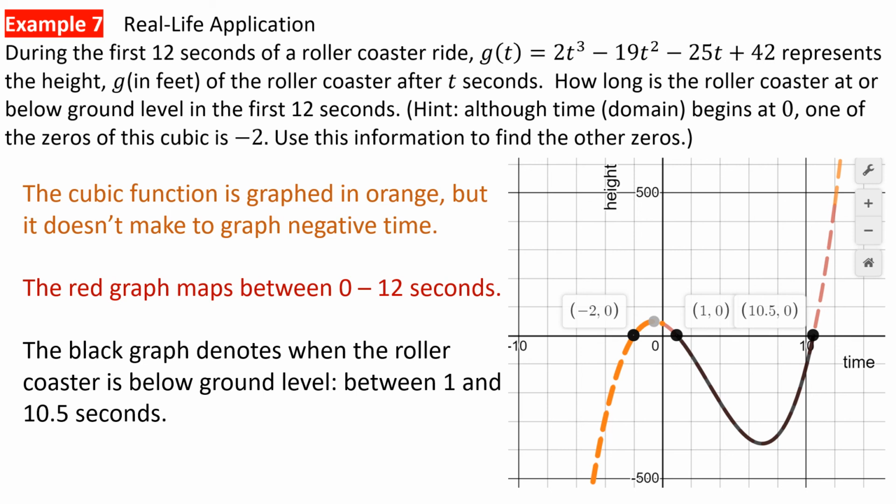It probably is improbable to think that it's going to start rising as rapidly as it does after 12 seconds, but the red represents the roller coaster ride from 0 to 12 seconds, and we found our answer that it's below ground level between 1 and 10.5 seconds, and you can see that that's represented by the black.